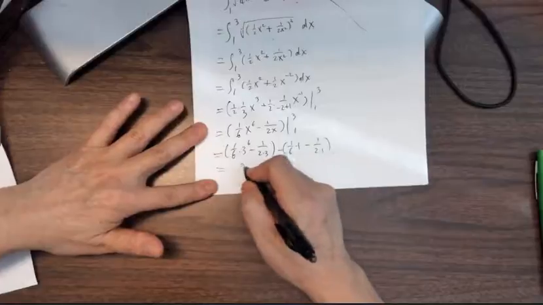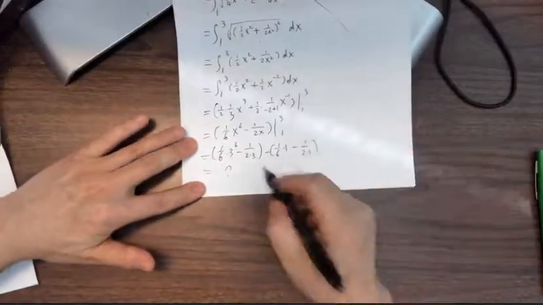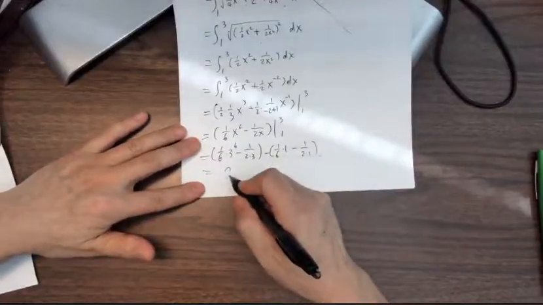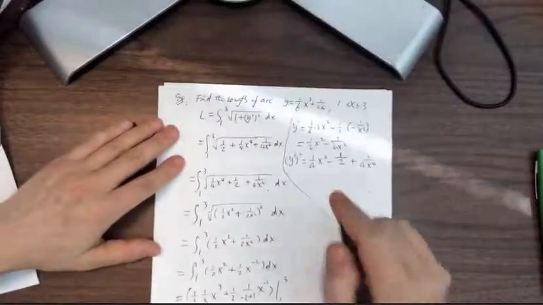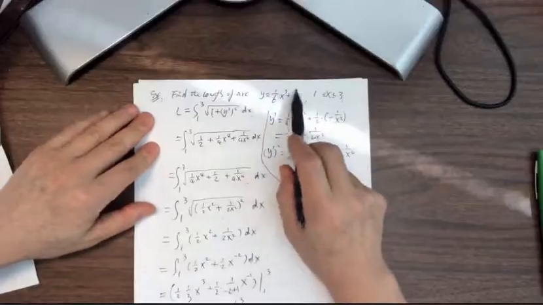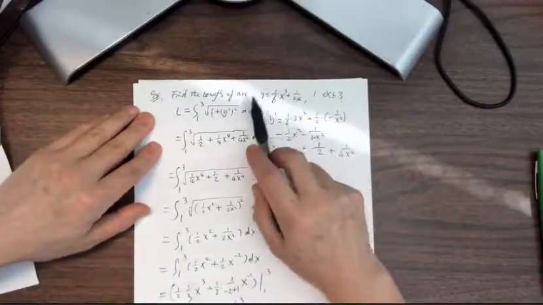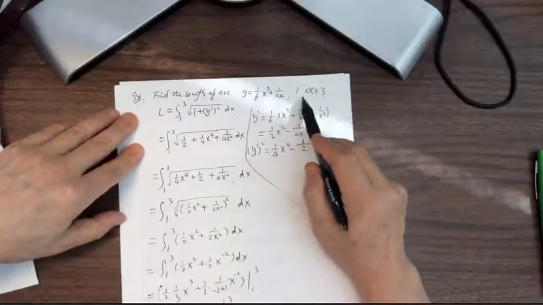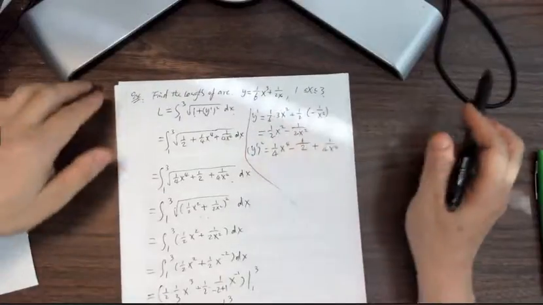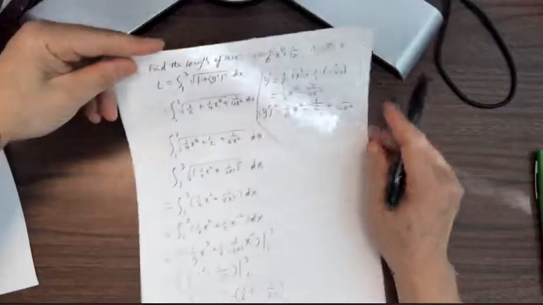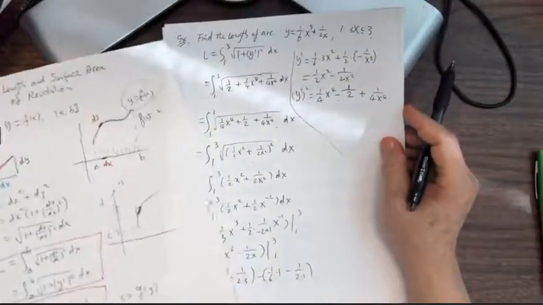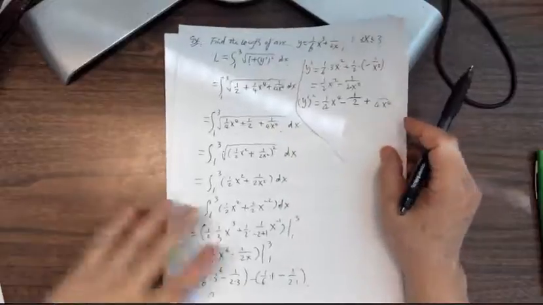Okay, with the calculator, you'll be able to simplify to get a number which would be the length of this smooth arc of the function from 1 to 3.